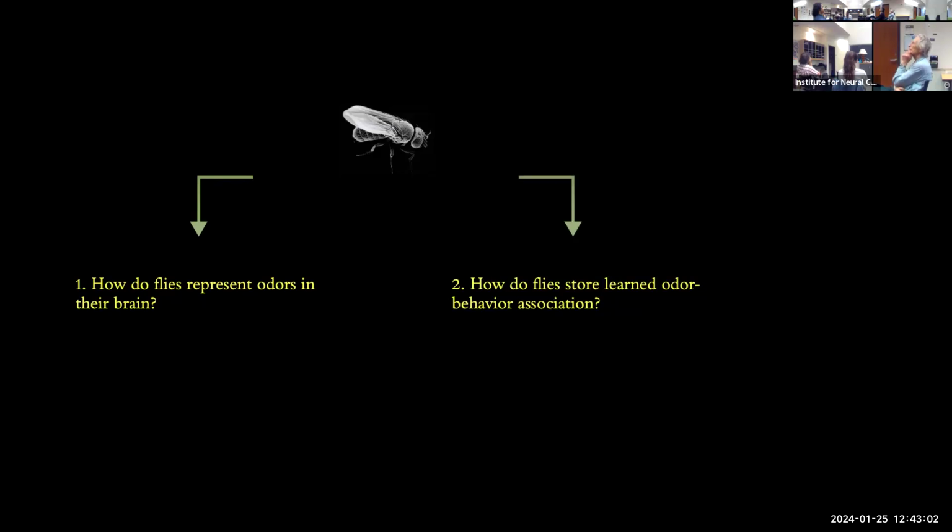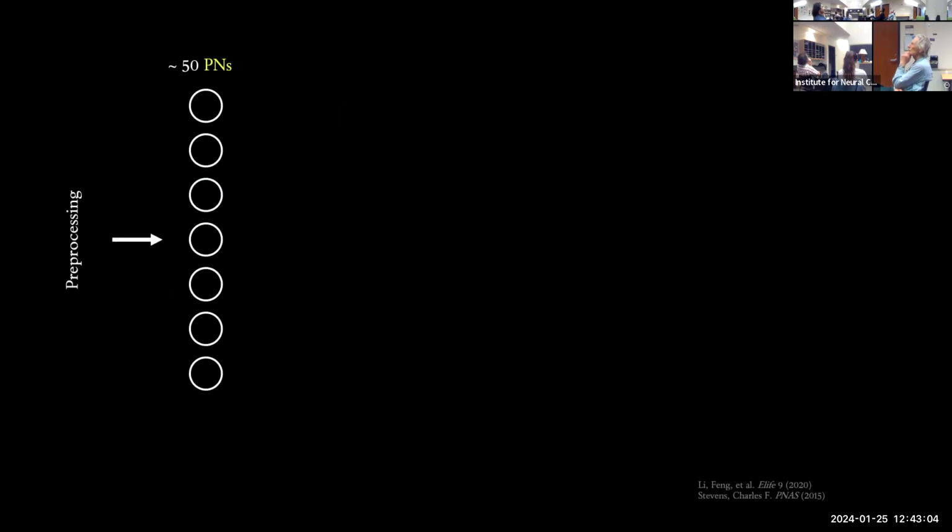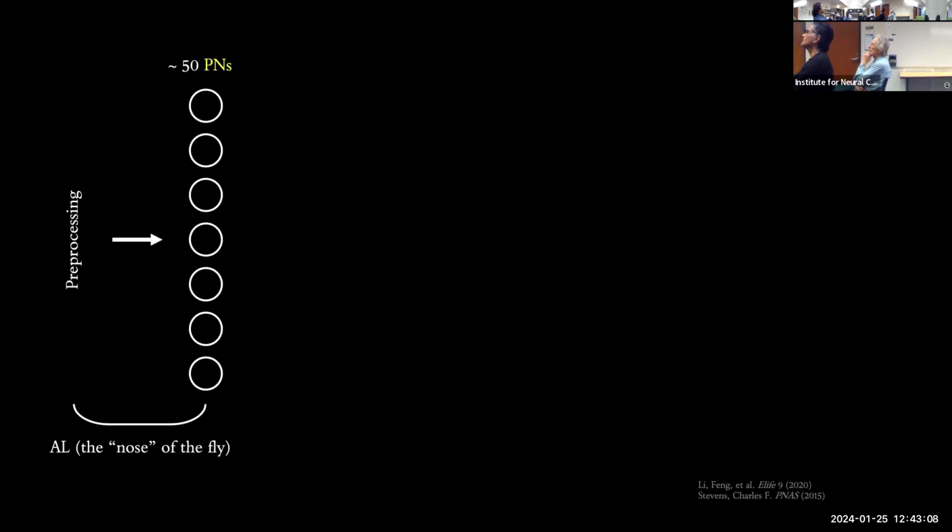Now let's look at the first question. After some pre-processing in the nose of the fly, each odor is represented by a vector in a 50-dimensional space using a layer of neurons called projection neurons, or PNs.